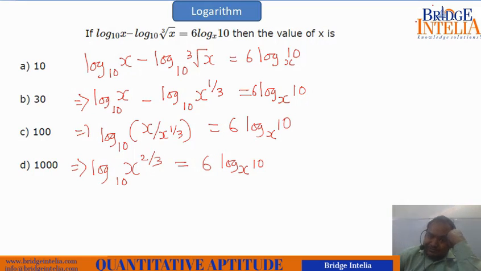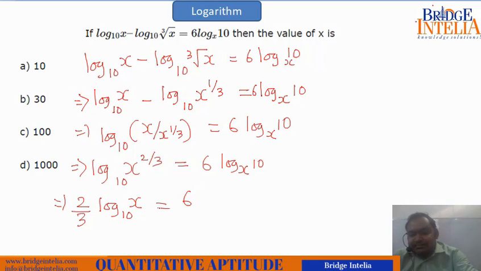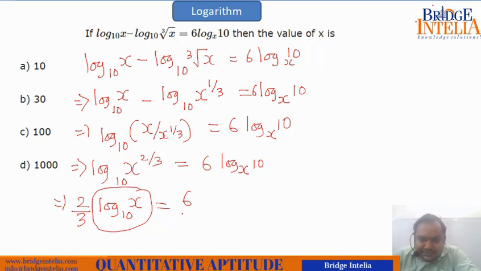So let's see how we can resolve this. So 2 by 3 can be written here. So 2 by 3 times of log x to the base 10 is equal to 6 times its reciprocal. So 6 divided by, you can take the reciprocal, log x to the base 10.